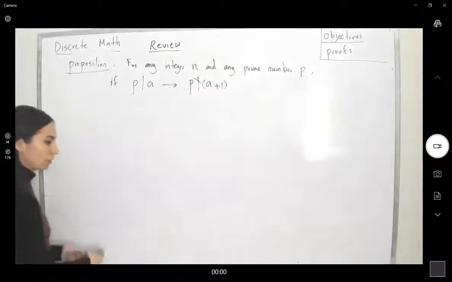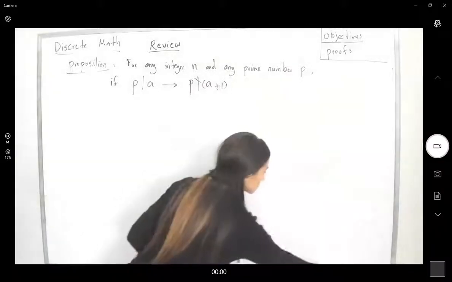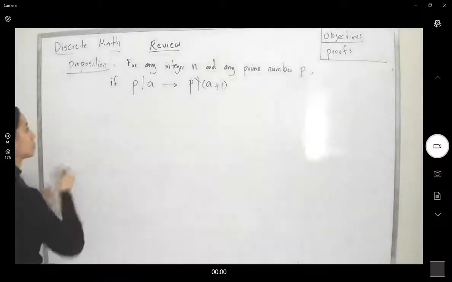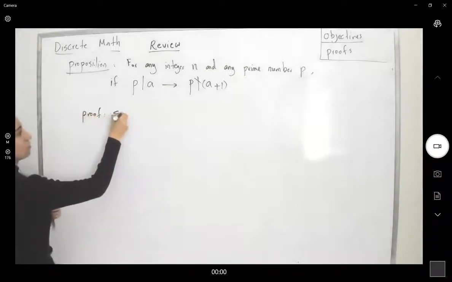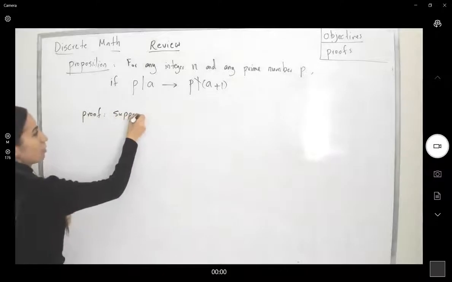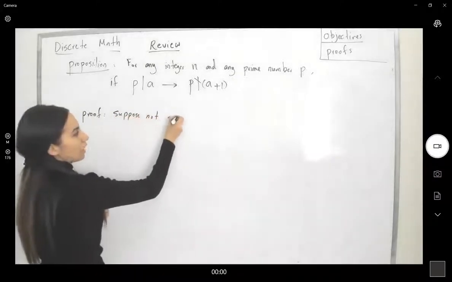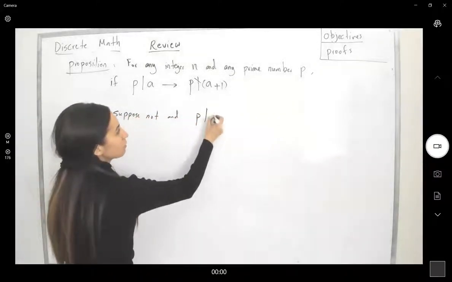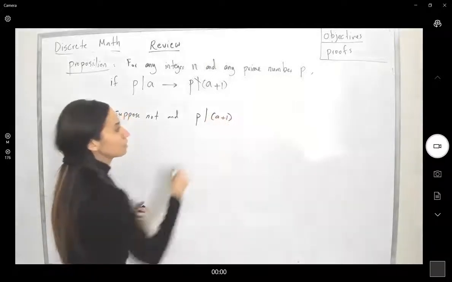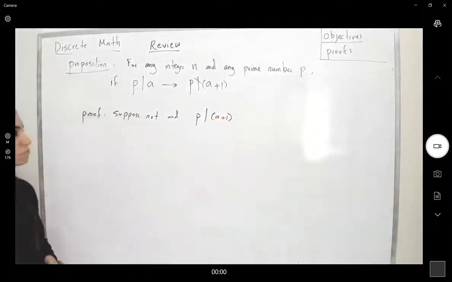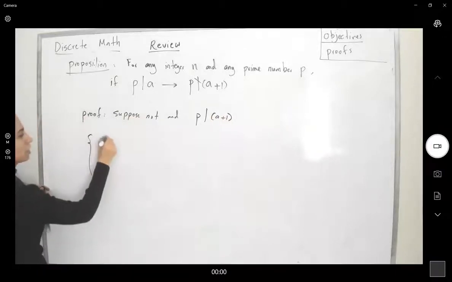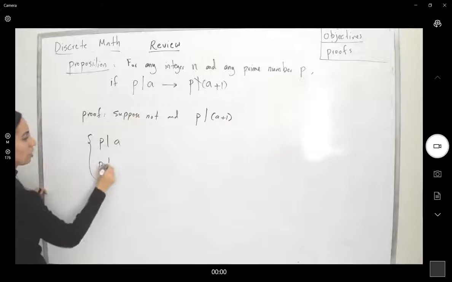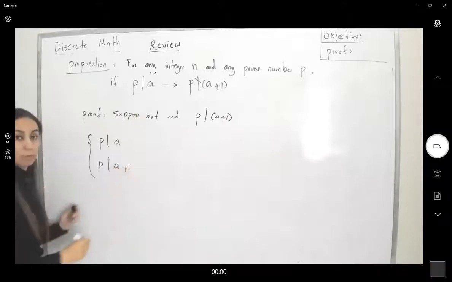Well, let us prove this. Suppose not, and p divides a plus 1. So what do we have here? We have p is a factor of a, p is also a factor of a plus 1.